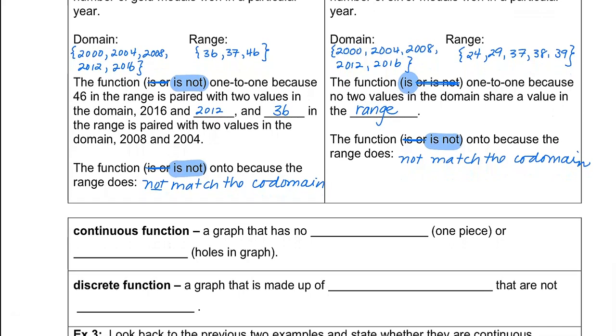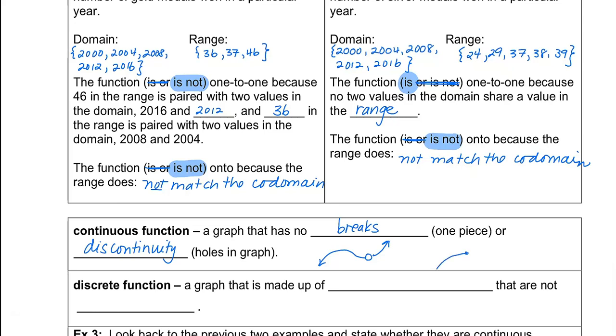Continuous function, definition. A graph has no breaks, so it's one piece, or discontinuity. This is holes in the graph. So if I were to draw a graph that looks something like this, and then there's a hole, that is not a continuous function, right?